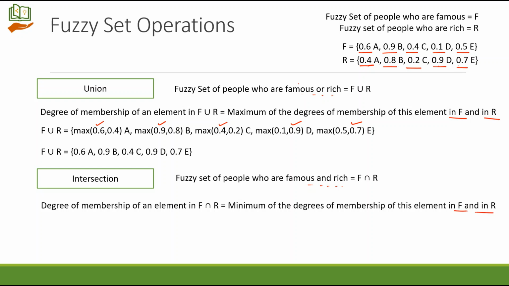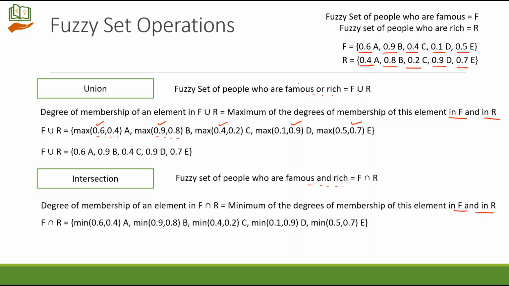So again we have to pick the same set of degrees from both the sets and pick their minimum. What is the minimum of 0.6, 0.4?